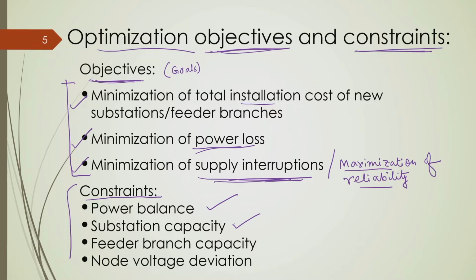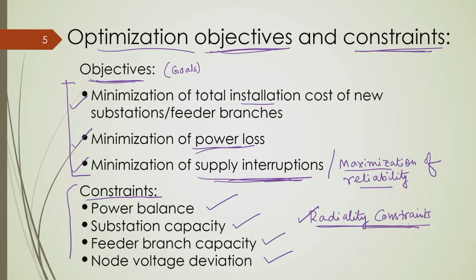Similarly, there is the feeder branch capacity constraint or distribution line capacity constraint, and the node voltage deviation constraint. Apart from that, there is another constraint called the radiality constraint, which I am also going to discuss.